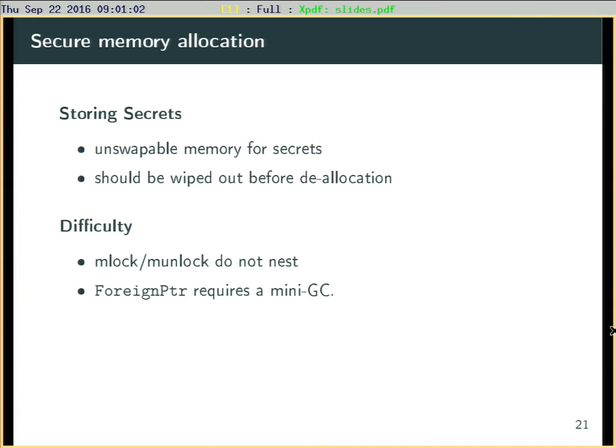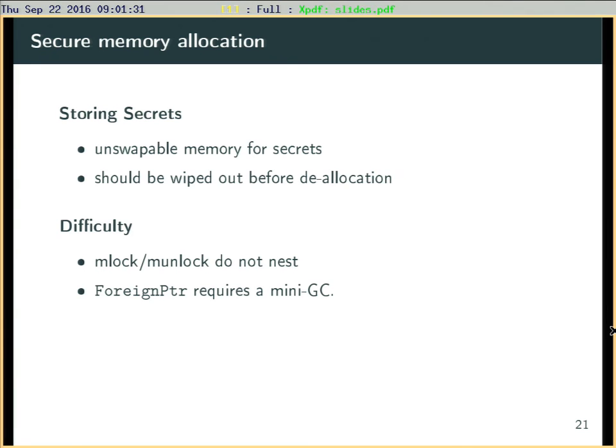As a last application, I want to talk about storing secrets in memory. What we want is to store sensitive information in memory, and we don't want it to be swapped out. There are system calls to lock memory, mlock and munlock, but unfortunately they lock only at the page level.